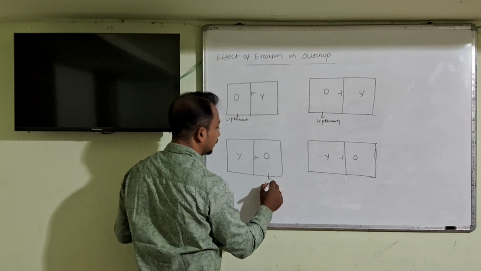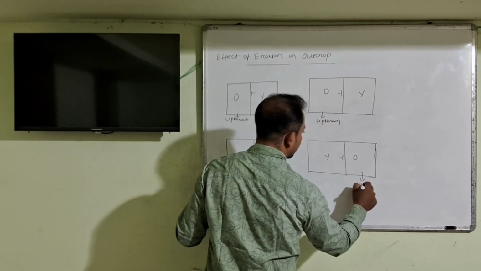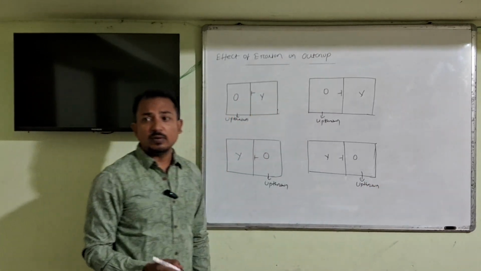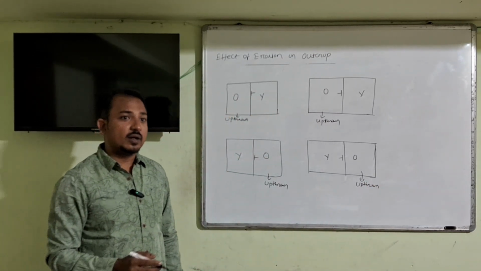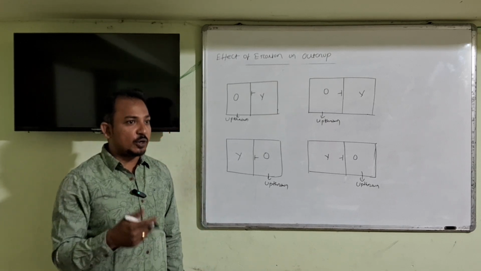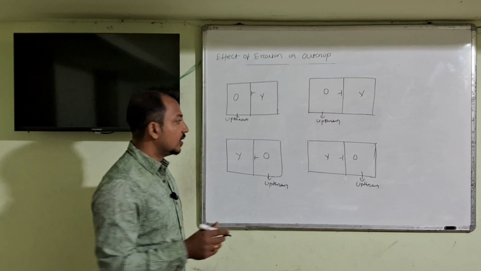This is up-thrown. Why will the older be up-thrown? Because it will erode, and after erosion it will expose the lower bed. So the lower bed will be the older one.